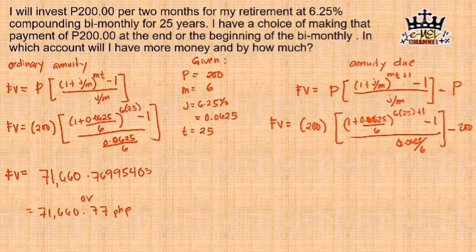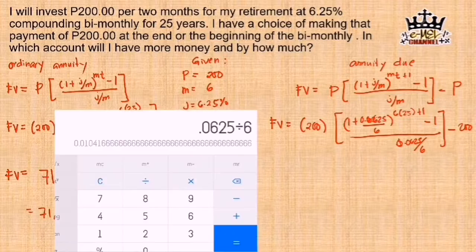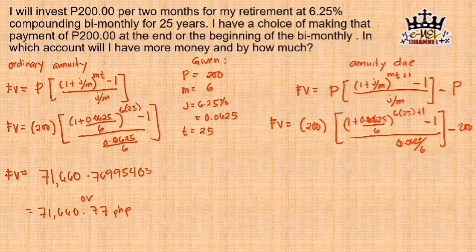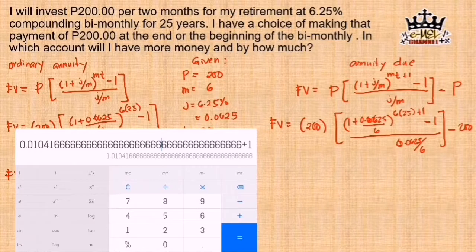Again, let's go this way. First, we solve the numbers inside the bracket. Press 0.0625 divided by 6. The answer is 0.0104166 and so on. Add 1. The answer is 1.0104166 and so on.